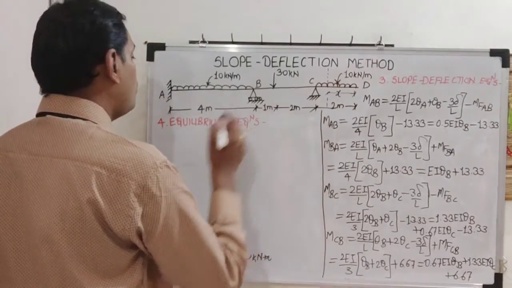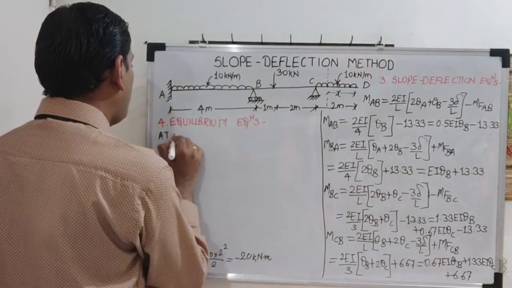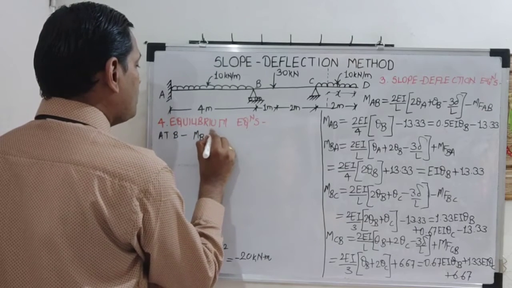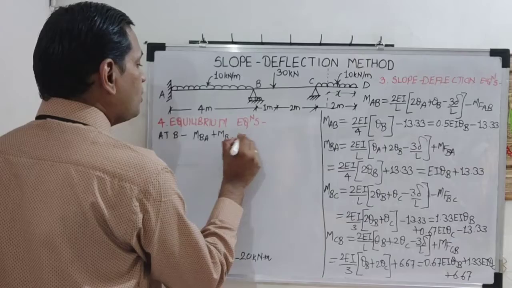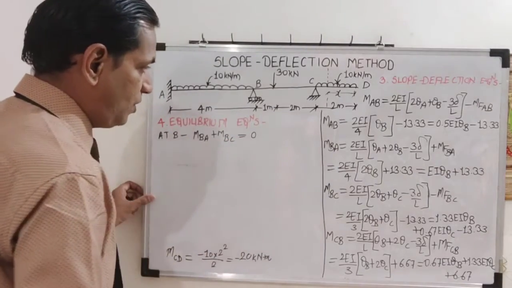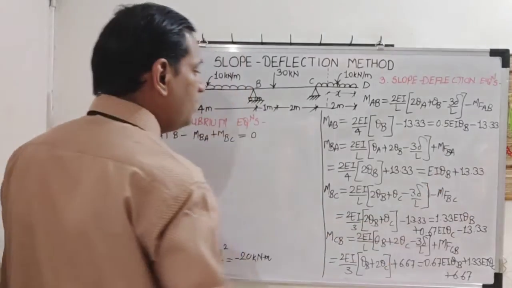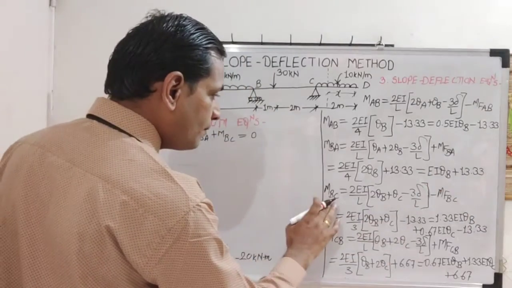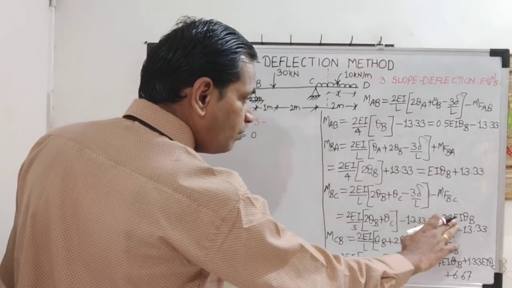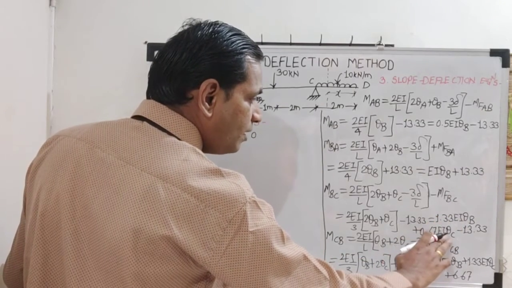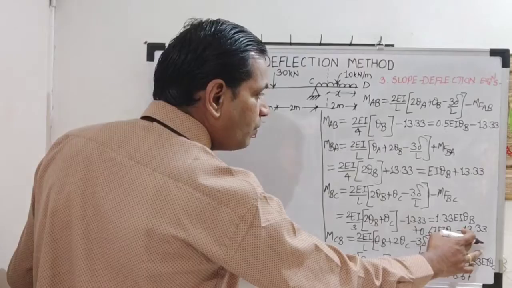One unknown is on joint B. So at joint B, what we have? Equilibrium equation: MBA plus MBC is equal to 0. What is MBA? EI theta B plus 13.33. What is MBC? See here, 1.33 EI theta B plus 0.67 EI theta C minus 13.33.